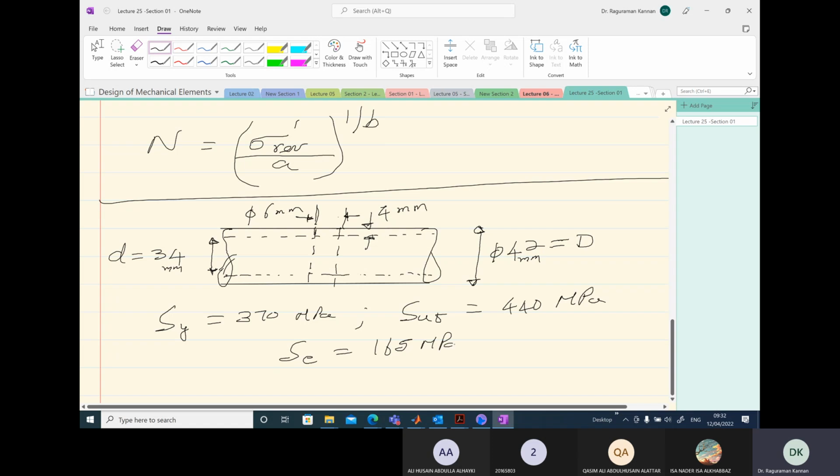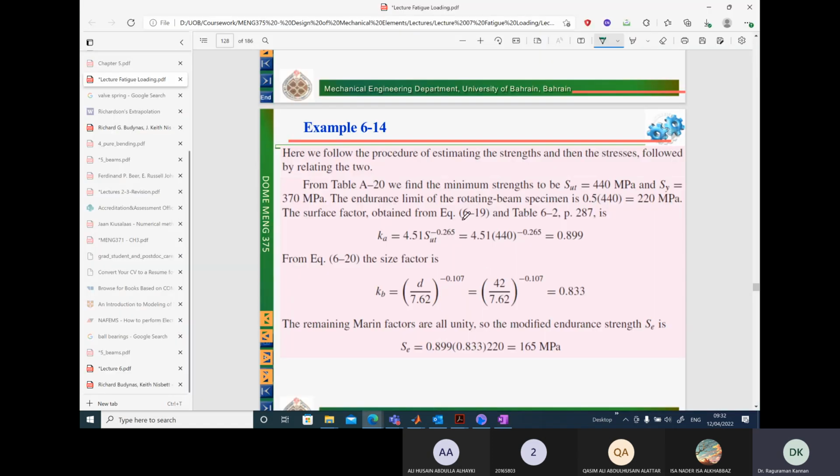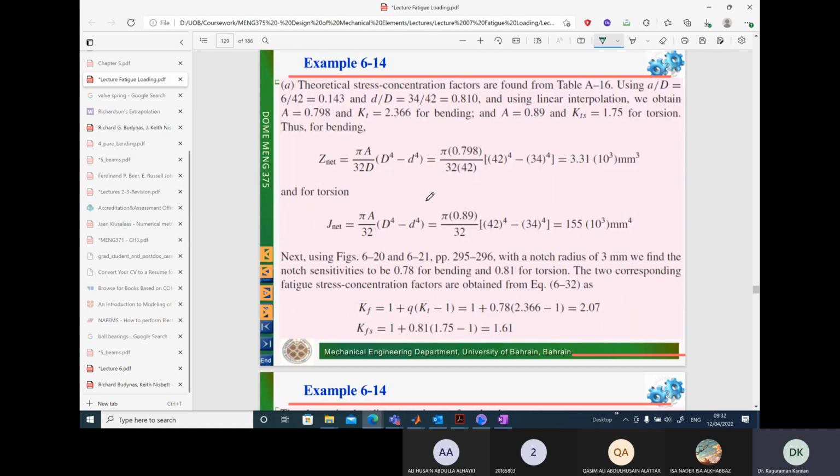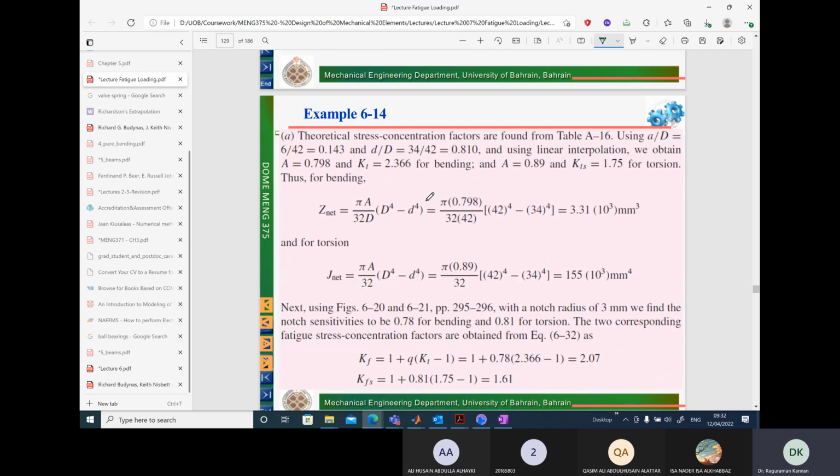I'm not going to calculate each thing, each material property. So for the Gerber criteria, we need SUT value, SE value, and SY value for the Langer line or yield line. We have all the material properties. The next step is fatigue stress concentration factor, which we are supposed to evaluate.